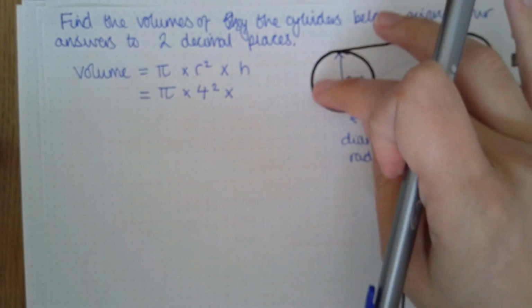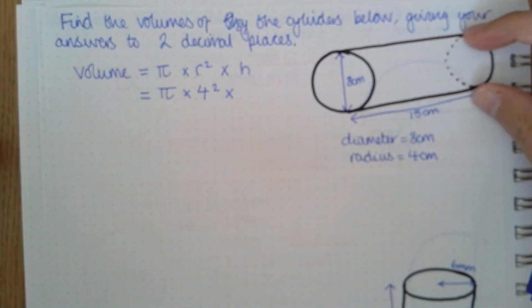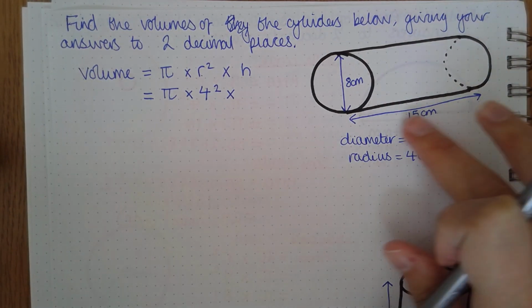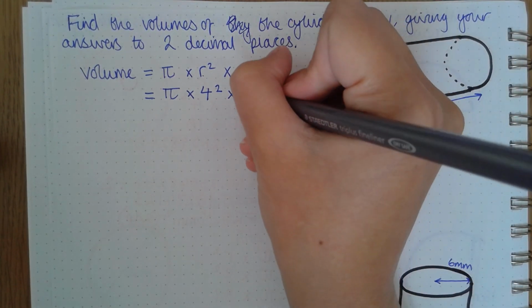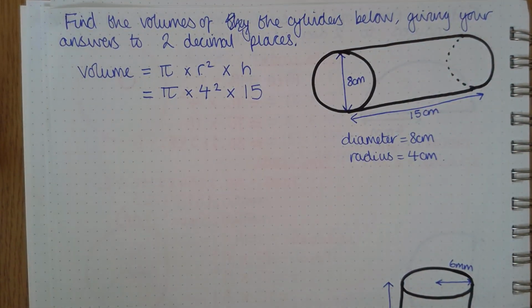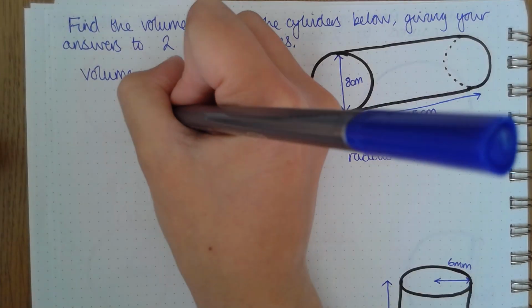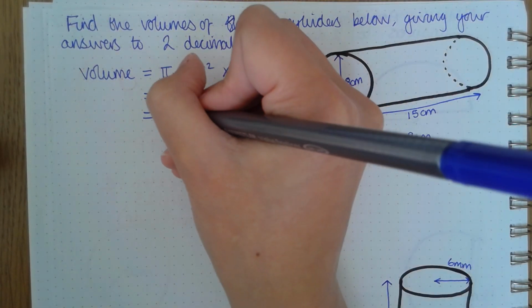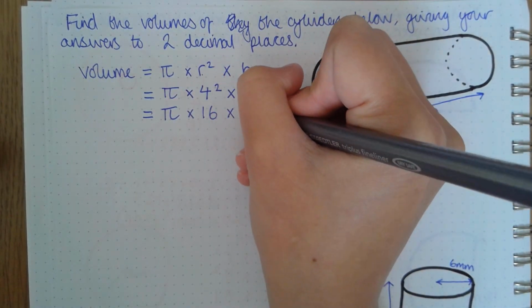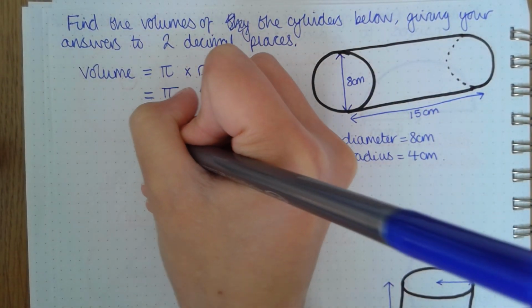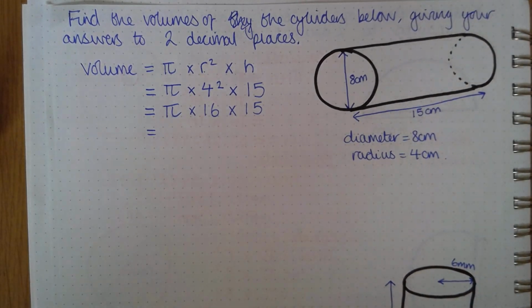So there's my circle, and I multiply it by how long the circle is spread out. So this length here, which is my 15 centimeters. Okay, I know that 4 squared is 16. And I'm just going to type that in my calculator.